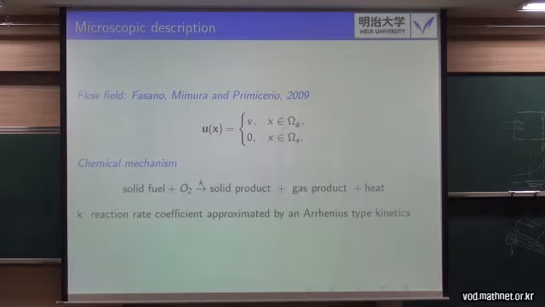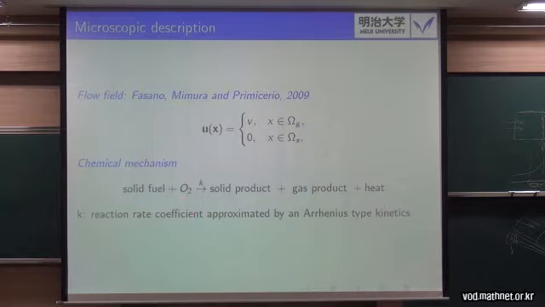So since this phenomena is basically not dependent on the full fluid dynamics of the problem, we simply approximate the flow field by the following here. I will discuss what this means for the problem later on.